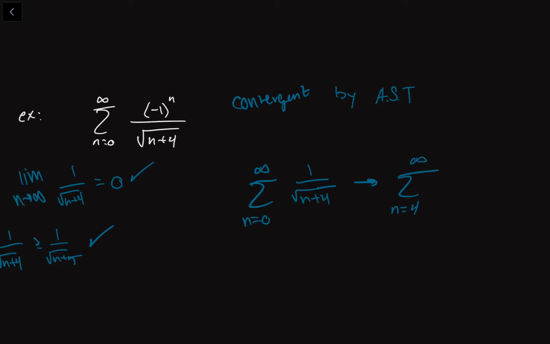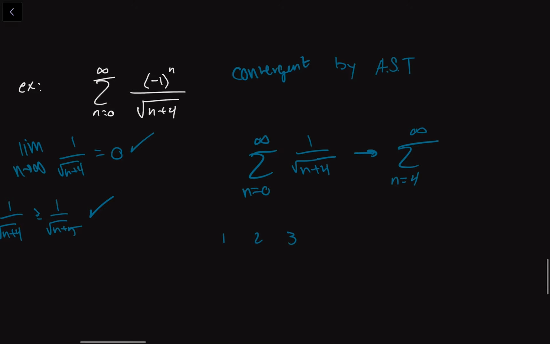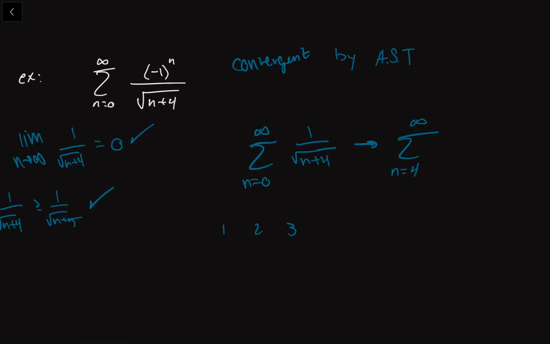We did this in the geometric series video. If we start the series at 4 instead, what would be the first term, second term, third term? If we're starting at 0, we would have 1/2, 1 over root 5, and then 1 over root 6.